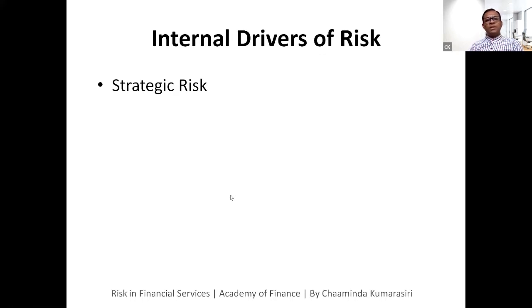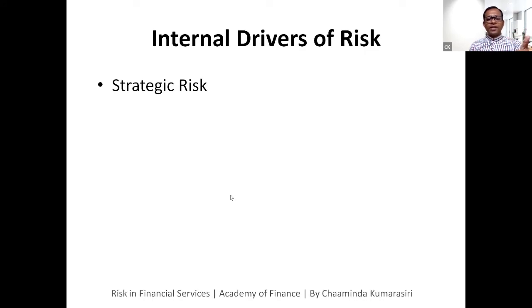So therefore, the strategic risk is twofold. One is whether we have the right strategy. So having the wrong strategy is one risk. Second is, have we got the implementation right? That means, have you executed it right?